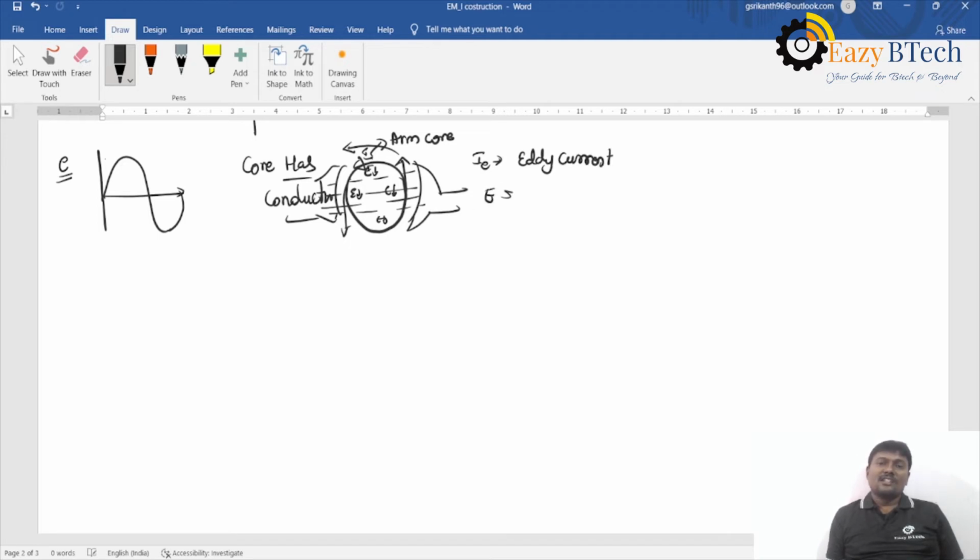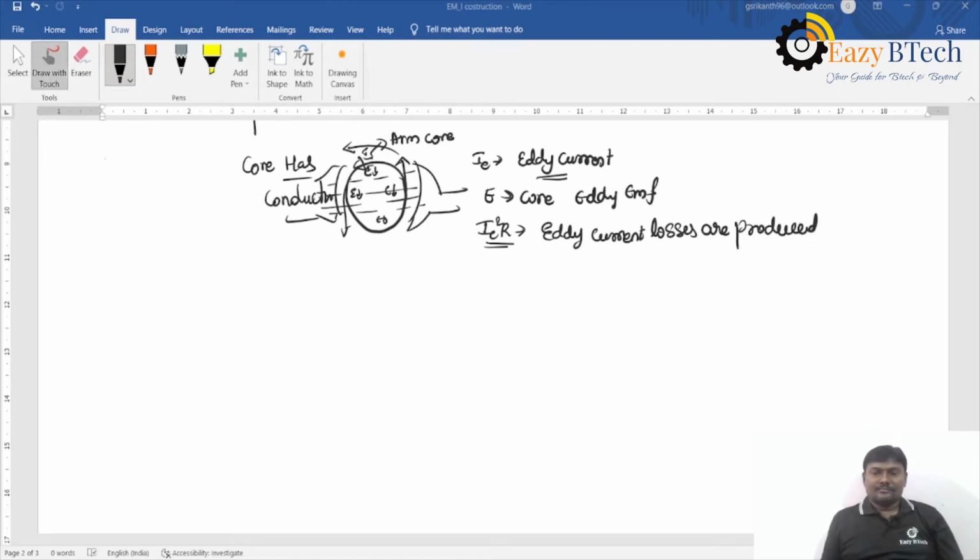That current is called eddy current, and the EMF induced in the core is called eddy EMF. Since the core has resistance, I squared R losses, called eddy current losses, are produced.